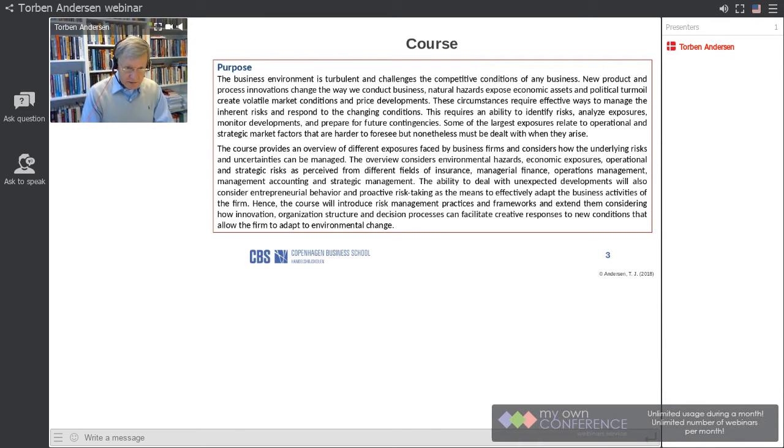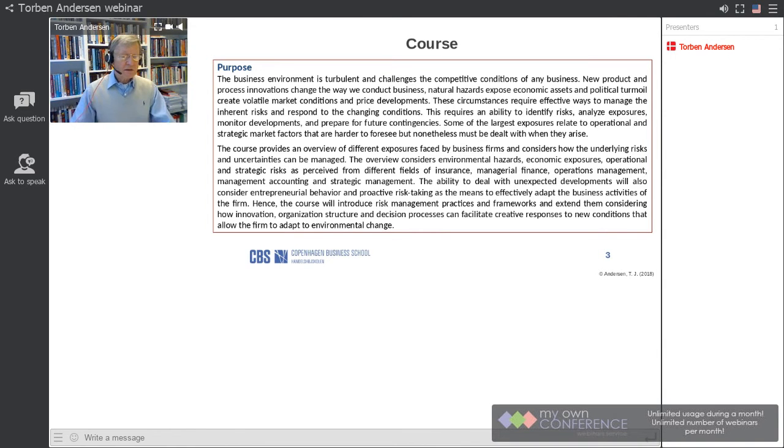Obviously, we can be affected by natural hazards. Things happen that might have a negative impact on our business due to events in nature. But it could also be new innovations that happen and thereby might outcompete our existing business activities. So there are a number of different factors that can affect the business and our ability to run the business effectively and be successful.